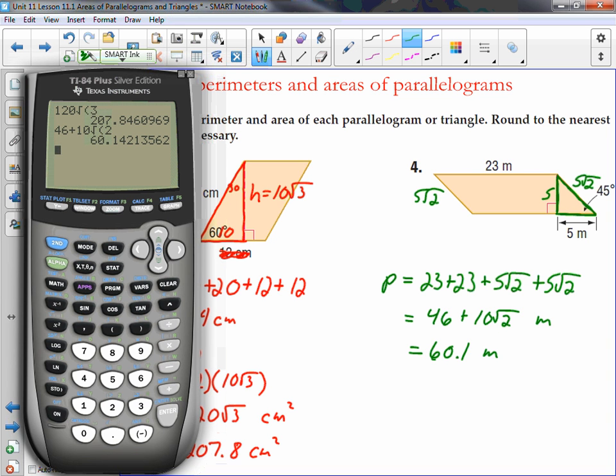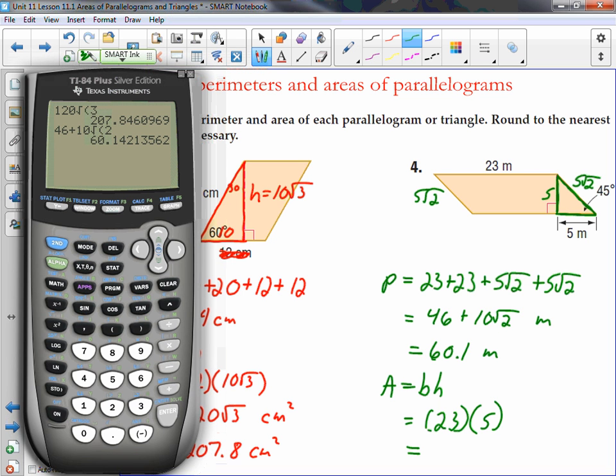Okay? Now let's get the area. Area equals base times height. So choose 23 as the base, and it's labeled, the 23 is labeled on the top, but that could also be the length of the bottom side of the parallelogram, right? So the base has a length of 23 meters. And then we discovered when we were working with our little 45, 45, 90 triangle that the height is 5.